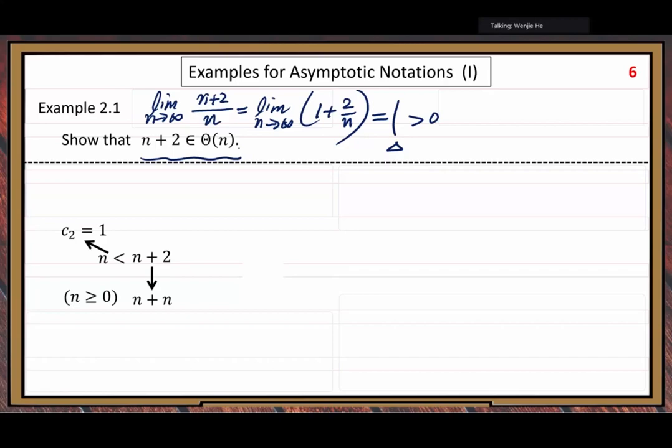In general, most of the time, N is greater than or equal to 2, right?